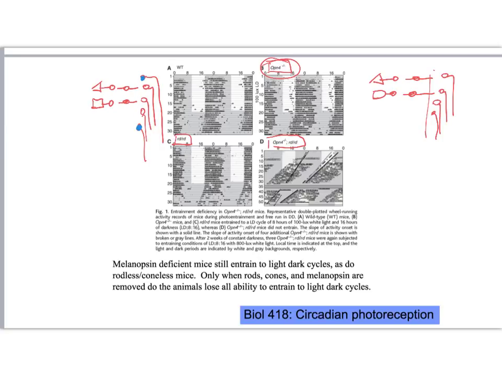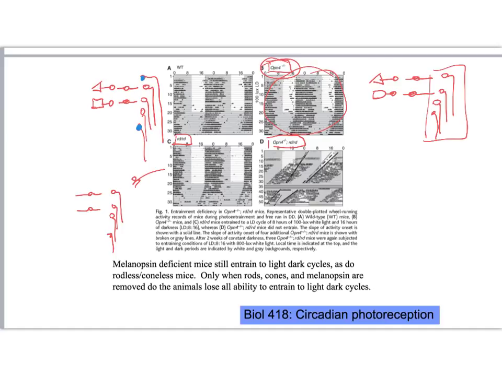So the ganglion cells are here, but they don't express any more melanopsin, and still these animals entrain normally. In this case, you remove rods and cones, so basically what you have is you only have the intermediary cells and the ganglion cells. And you already know from the previous slides that these animals also entrain normally.